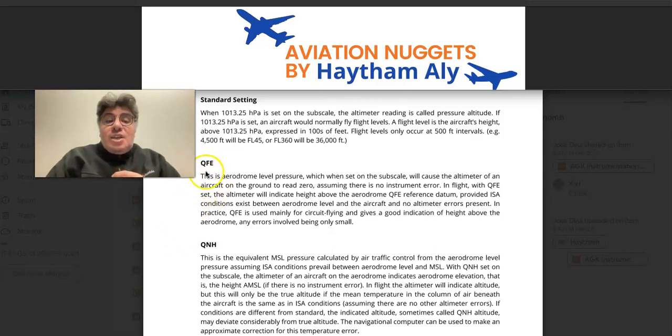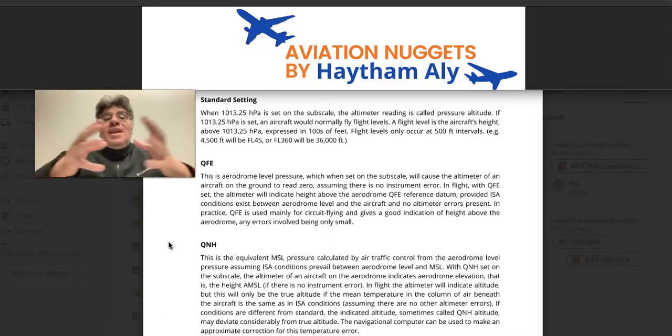QFE and QNH are used when you are near the land. If you are very near the airport, in approach and landing, you will maneuver between QNH and QFE.